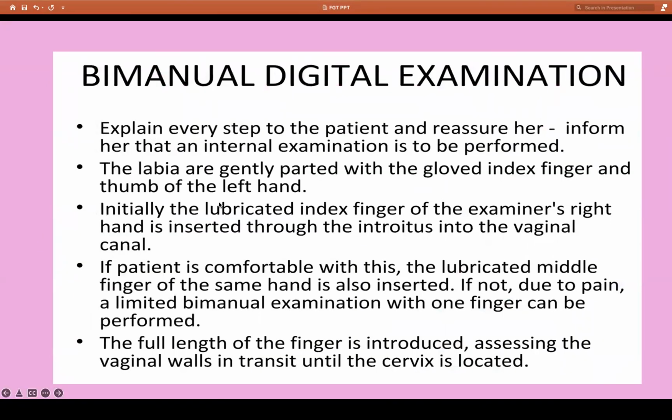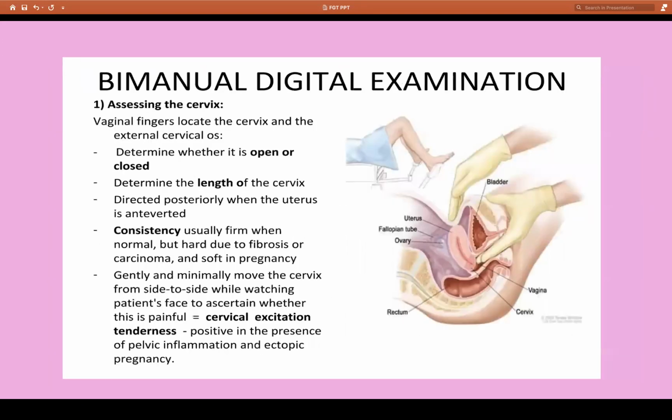After you finish with the speculum examination, then comes the digital or bimanual examination. Again, use the KY jelly, introduce your index finger first and then the middle finger, and assess and palpate all the vagina, lateral fornix, and cervix, especially whether the cervix is firm, open, or closed.